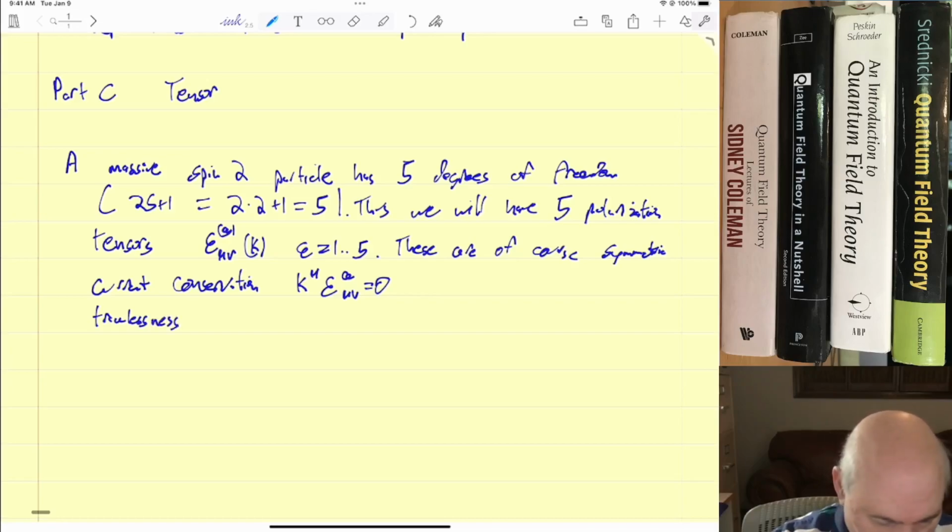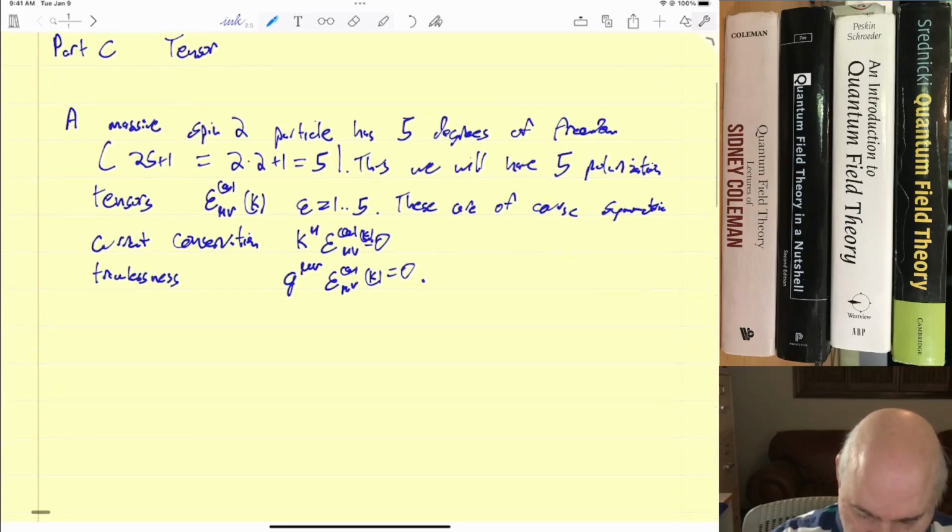Not sure that's a word, but we're going to have that this is going to be g mu nu epsilon A mu nu of k equals 0. So we start out with 10 symmetric components.